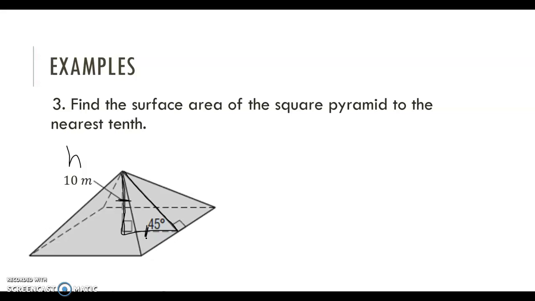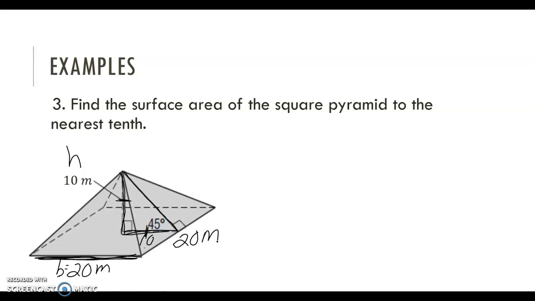So that tells me that if this leg is 10, this leg is also 10. And then this side of the square pyramid is going to be double that 10, as we saw in the last example. So each side of my square pyramid is going to be 20, and that is what B is going to be, 20 meters.